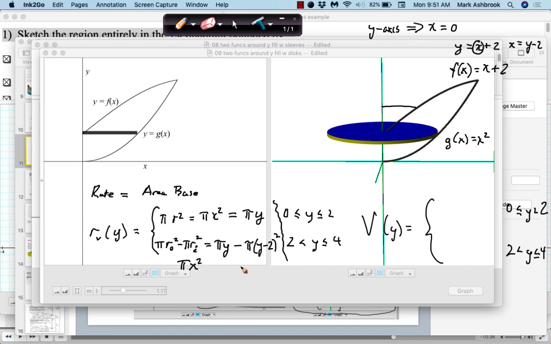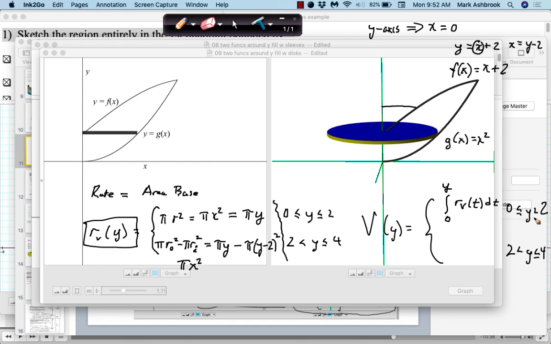What's the key here? What's the structure? Integral, right? Integral from 0 to y of. We did all this hard work to call it r sub v. So let's use that. I can just write down R sub v of t dt, when y is between 0 and 2.